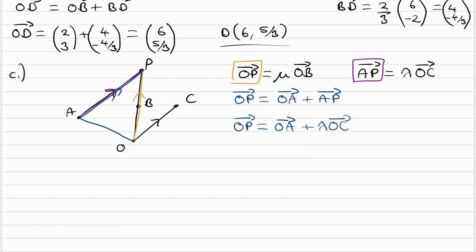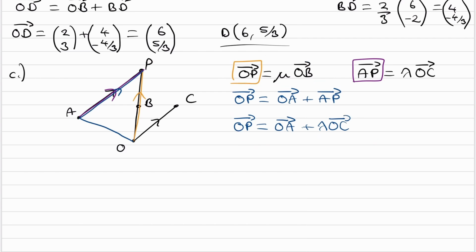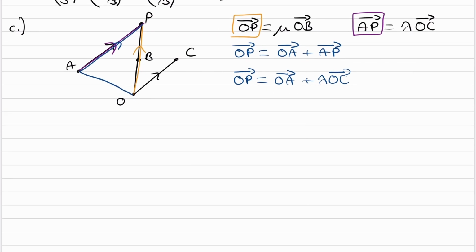So we have the blue path takes us through one route from O to P, and that involves lambda. The orange path takes us directly from O to P, and that involves mu. So those two things should be equal. We set them equal to one another, and then we can solve simultaneously to work out what mu and lambda are.